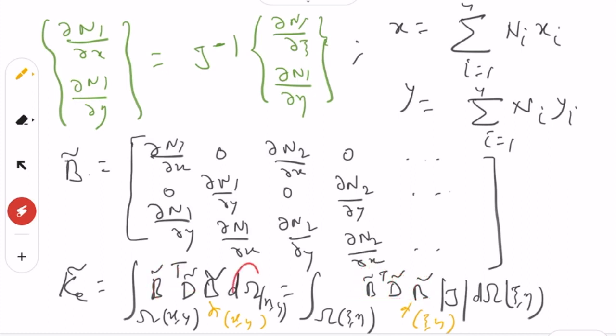For that we have the determinant of the Jacobian here, and you have everything in terms of xi eta and you can integrate. You can use the 2D Gauss quadrature here, and we can do it. Okay, so that is all.